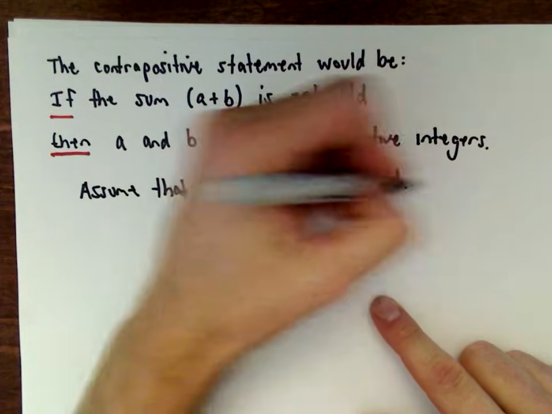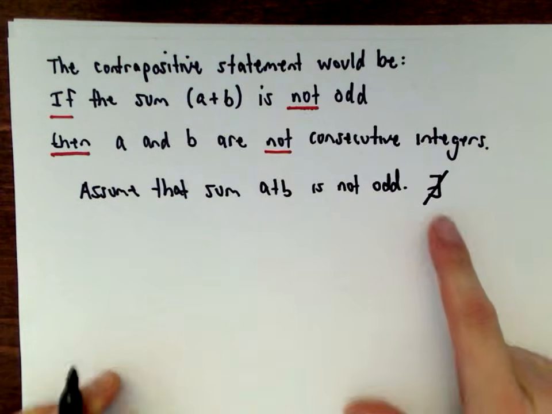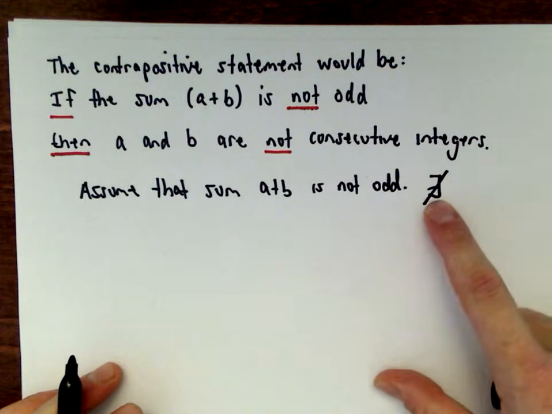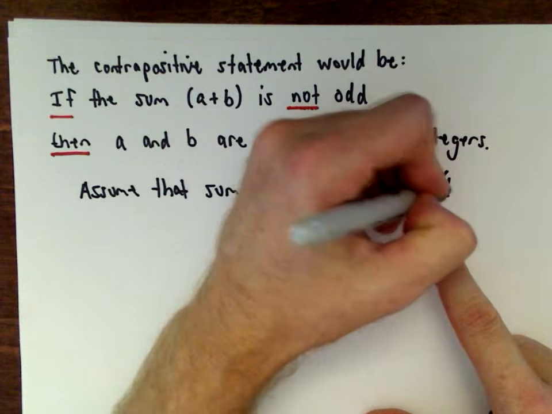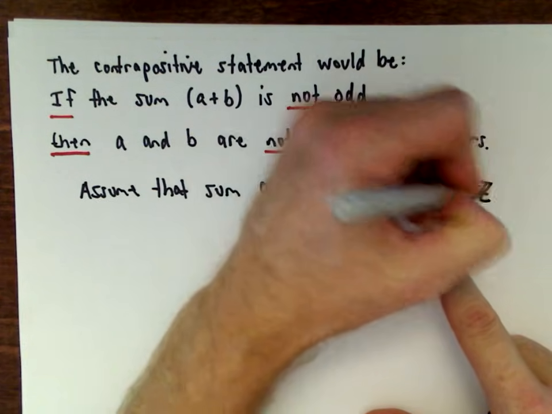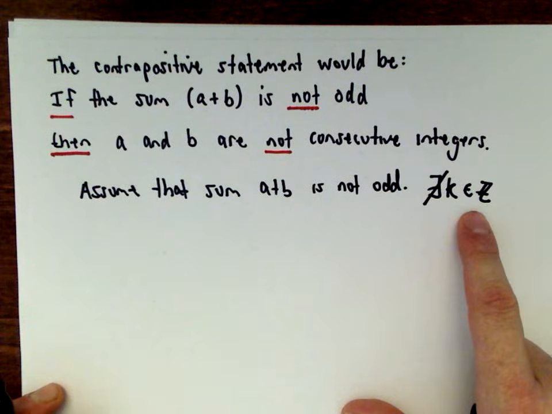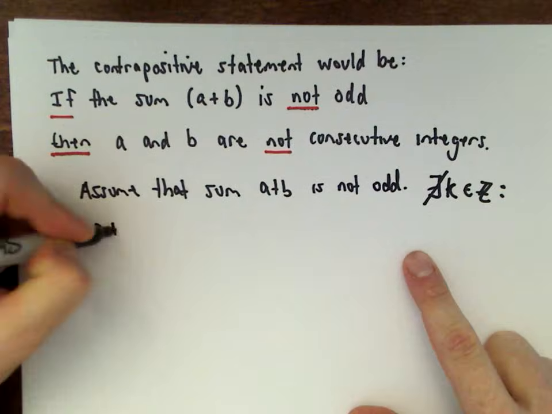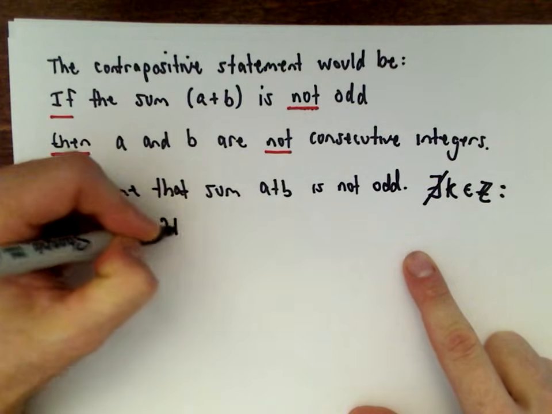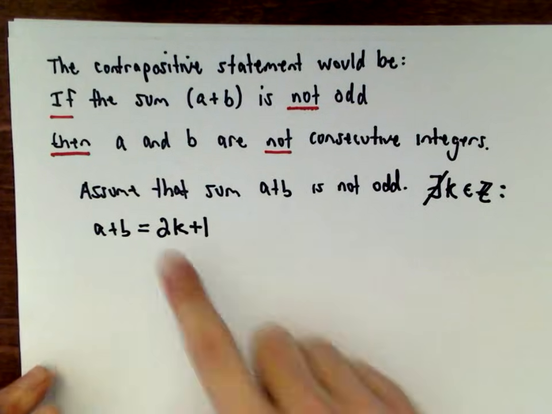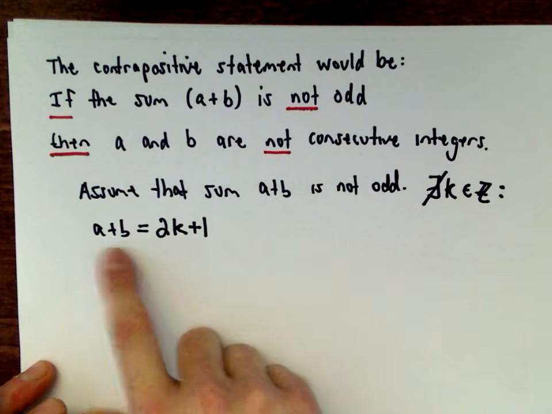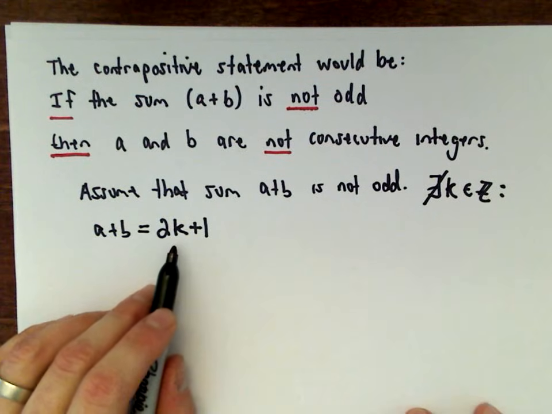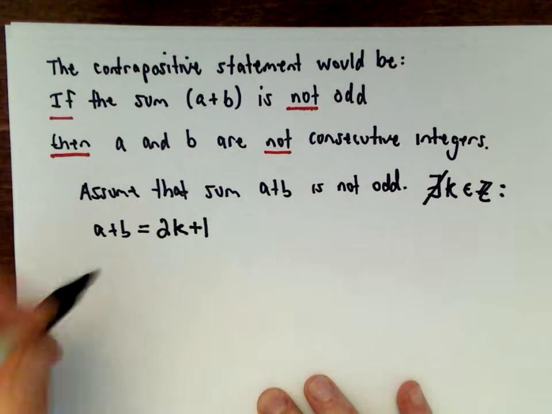So that means there does not exist an integer k such that we can write a plus b as 2k plus 1. This integer k does not exist. Because if it did, a plus b would be odd. So this does not exist.